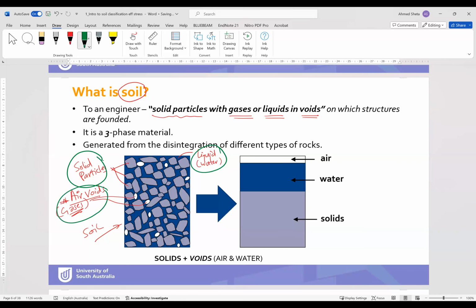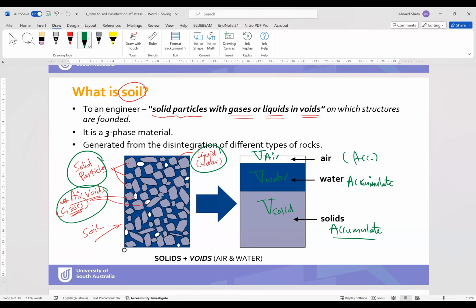If we try to analyze this soil, if we accumulate all the solid parts together, they will give us the volume of solids. And if we accumulate all the water together, we have a volume of water, V water, and so on for the air, V air.